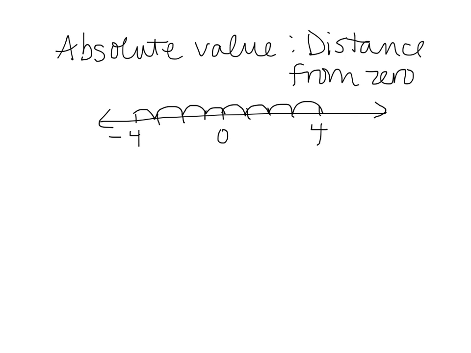The symbol for absolute value is these straight lines. The way you would read this is the absolute value of 4 is 4, because as we've seen, 4 has 1, 2, 3, 4 spots from 0. However, the absolute value of -4 is also 4, because it too is 4 spaces away from 0.